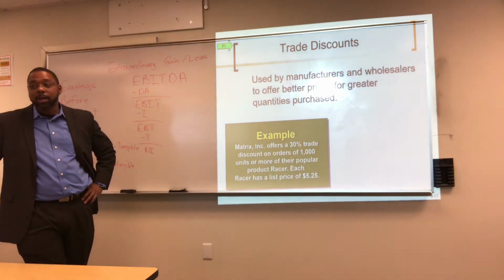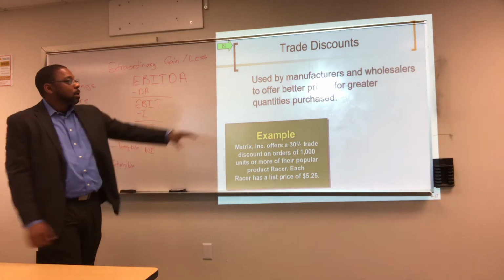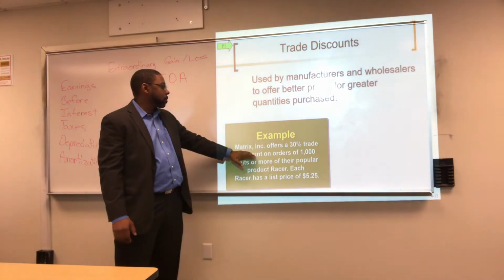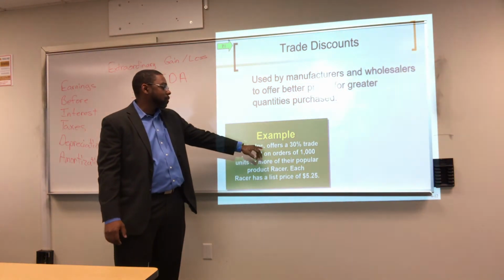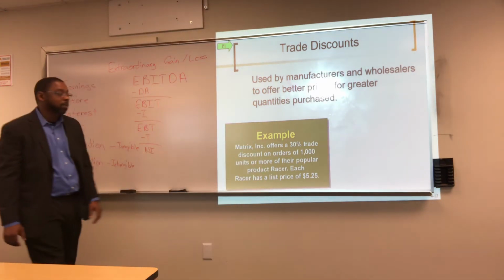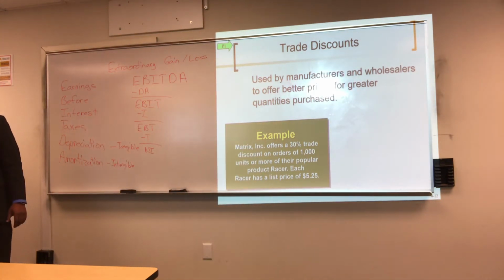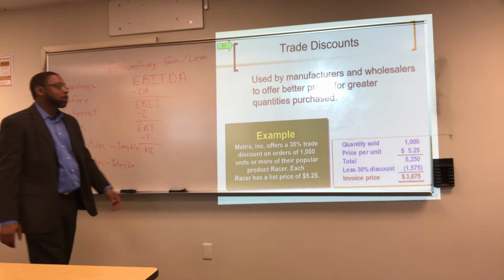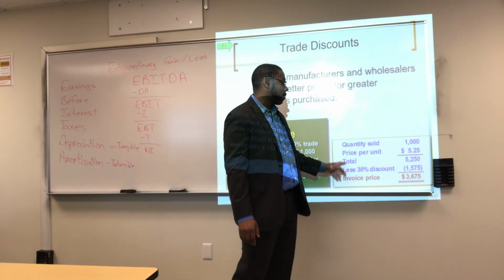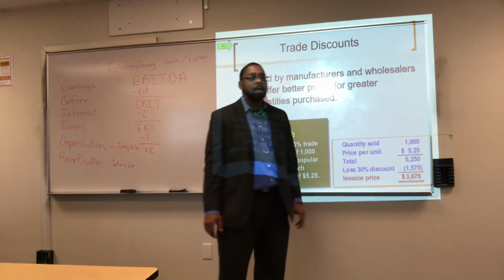Alright, so trade discount. Trade discounts, just like we said, is a discount for materials. If Matrix Inc. offers a 30% discount for 1,000 units to be purchased of, let's say, a racer, each racer is $5.25. If they bought 1,000, we multiply by the price, and then we take the discount.